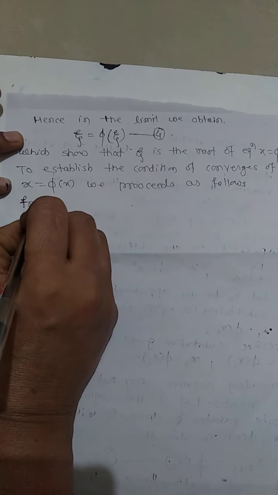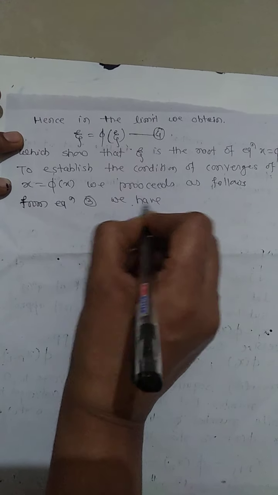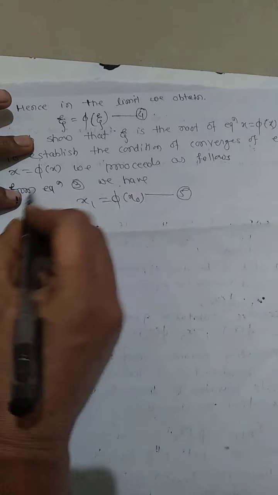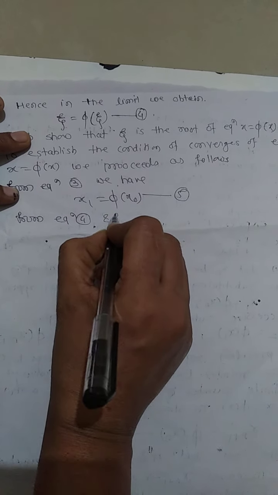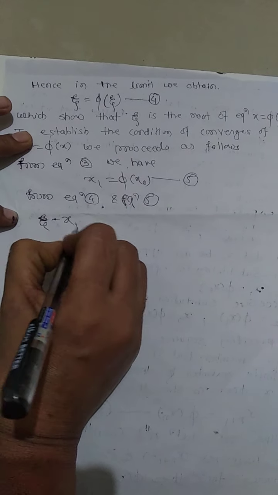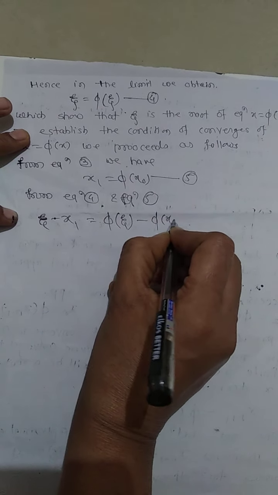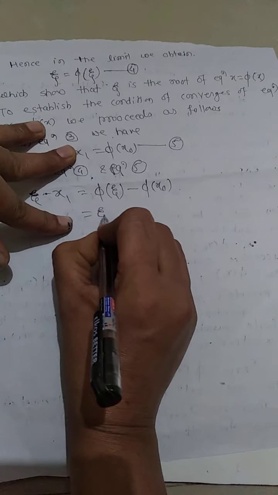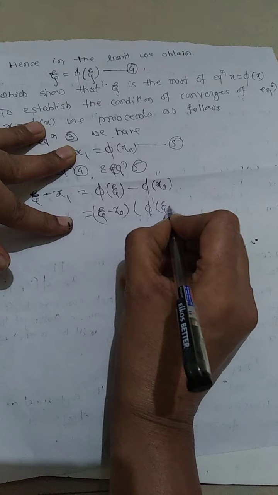From equation 3, we have x1 is equal to phi of x0, that is equation 5, and from equations 4 and 5, we get xi minus x1 is equal to phi of xi minus phi of x0, which is equal to (xi minus x0) into phi dash of xi0.